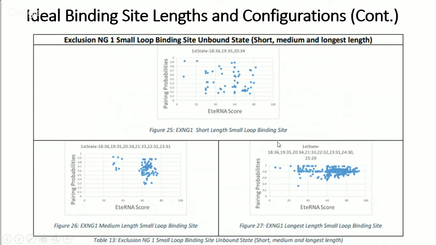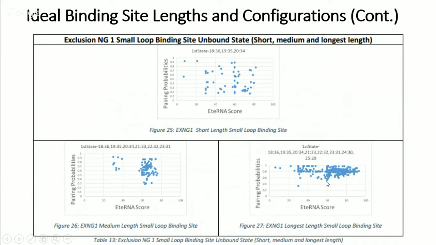This is plots of the DPAT data for exclusion NG1, the unbound state for the small loop binding site. And you can see for the short length, so the top is short, bottom left is medium length, and the bottom right is longest length. And you can see how nothing really scores above 80 in the medium, but you have scores almost to 100 in the longest.